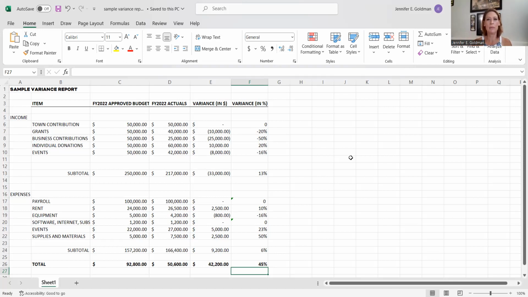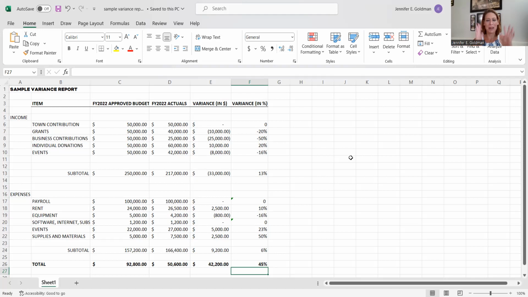So the example that I usually give in my workshops is if your variance is $100, you don't know how significant that is because did you expect to bring in 500 and you brought in 400, where that $100 is, what is that, 20%, I guess? Or was it $100,000 and you brought in $99,900?